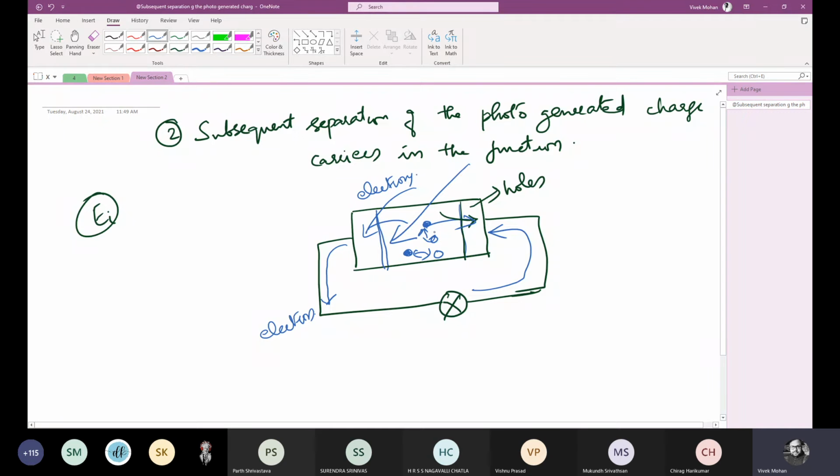Now these separated electrons can be used. So here I see holes. For holes I am not shading this. For electrons I am shading this. So here I have electrons, and I have holes here. The separated electrons can be used to drive an electric circuit.